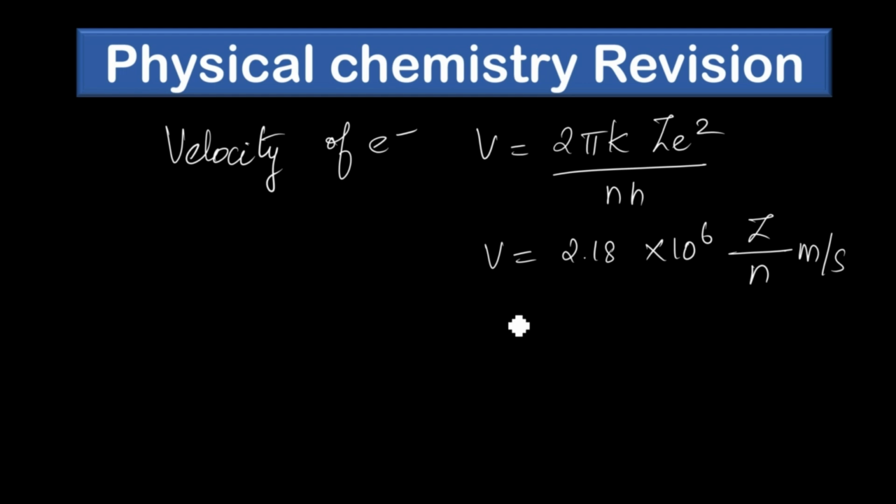In case of centimeter, that will become 10 to the power 8. Then the potential energy formula is equal to minus k Z e square by r. Potential energy is 0 where r is infinite.